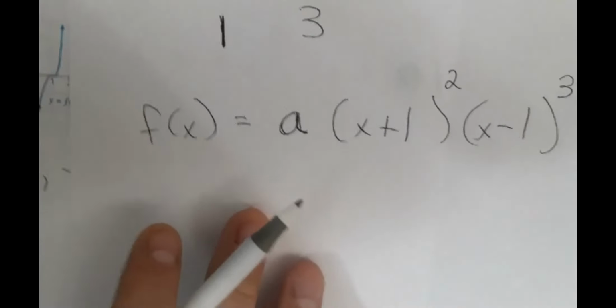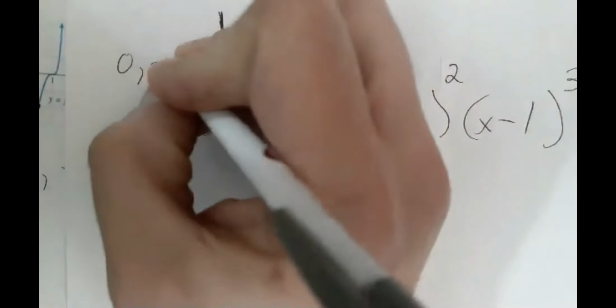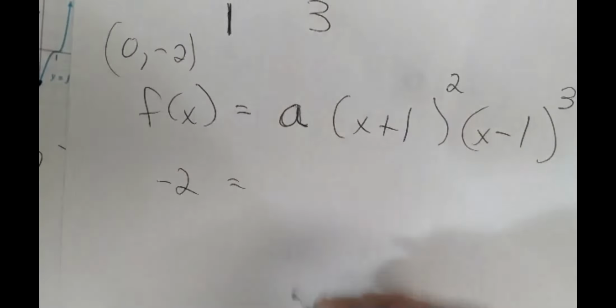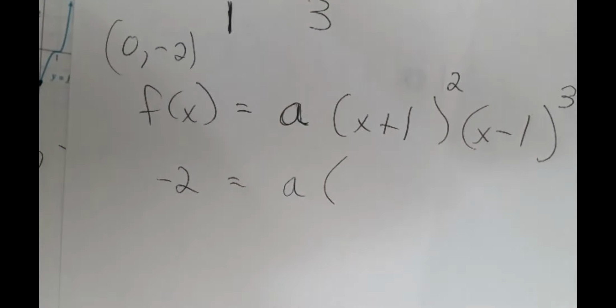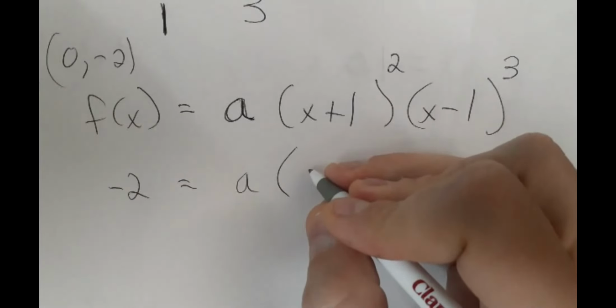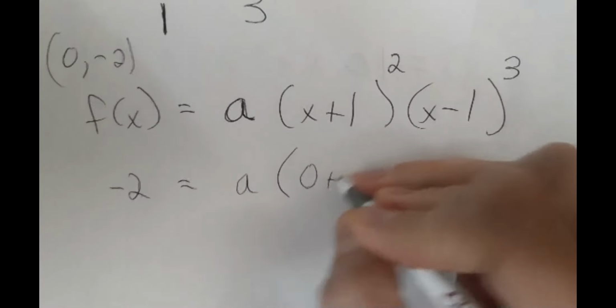If I'm looking at the point (0, -2), what am I plugging into my f of x value? Negative 2. Yep, plugging in minus 2 to my f of x. What am I plugging into my x values? 0. I'm plugging in 0.